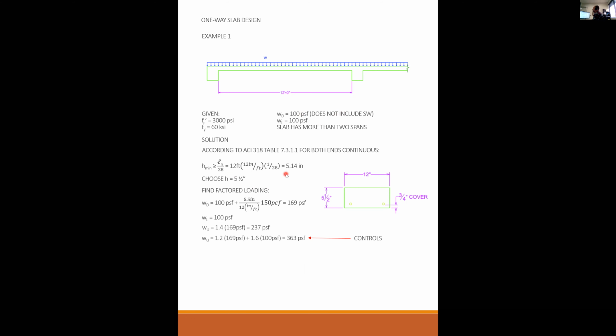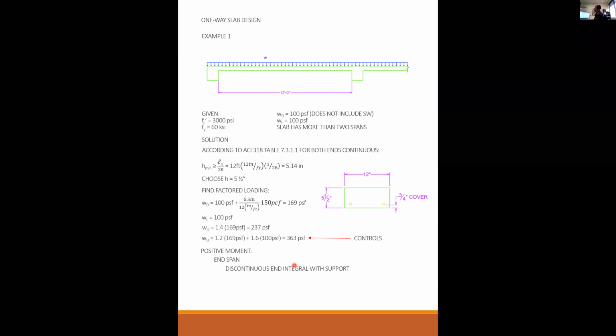We calculated the minimum slab thickness based on the expression of ln over 28. We chose a 5.5 inch thick slab. So then we decided to design a 12-inch wide by 5.5 inch thick slab. We found our dead load to be 169 pounds per square foot. Live load's 100. We factored it. We got 363.